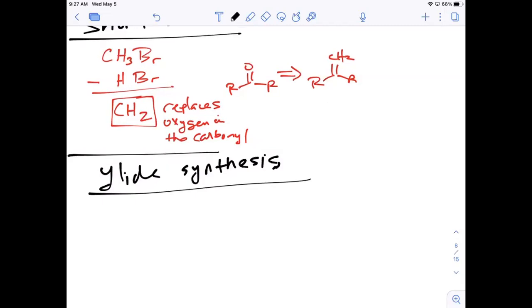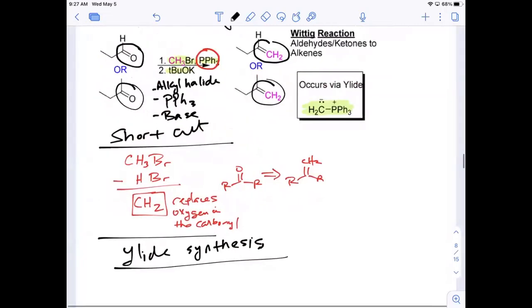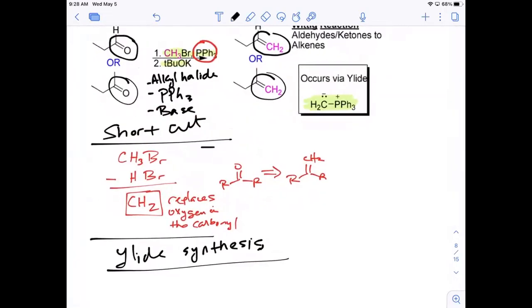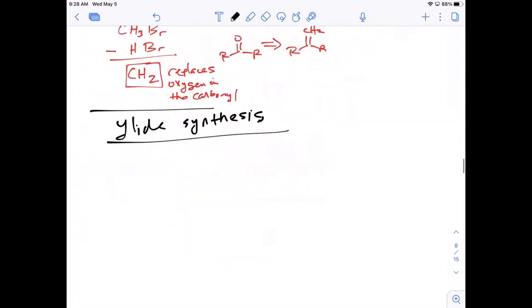So that's the purpose of all that stuff over the arrow: those are your reagents for the ylide formation. So I'm going to draw this out in Lewis form, and I'm going to put the bromine on the other side just to make it make sense.